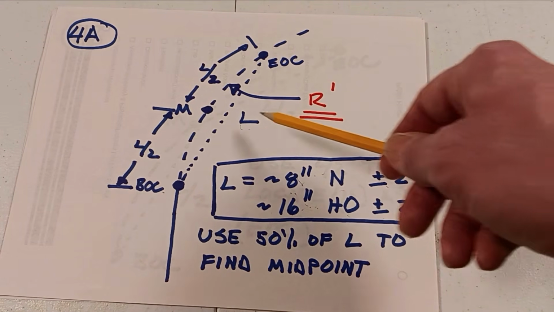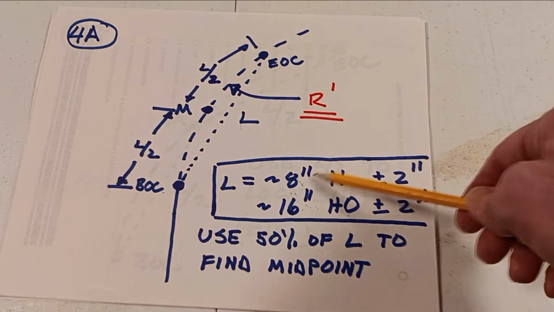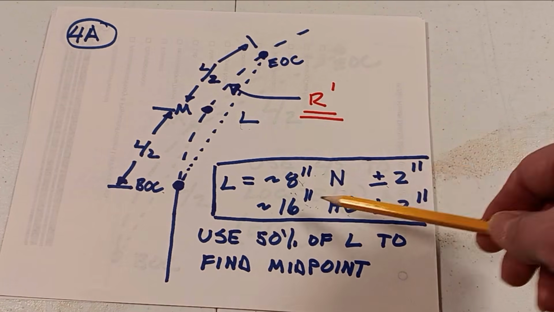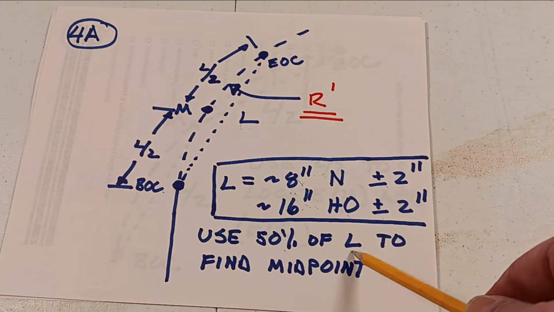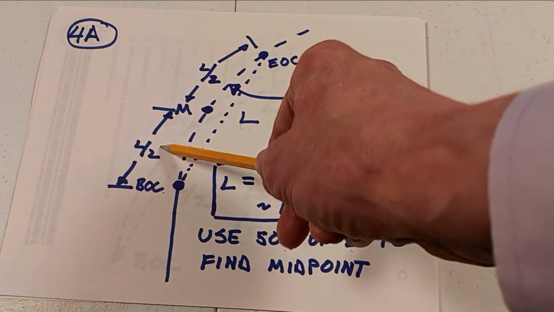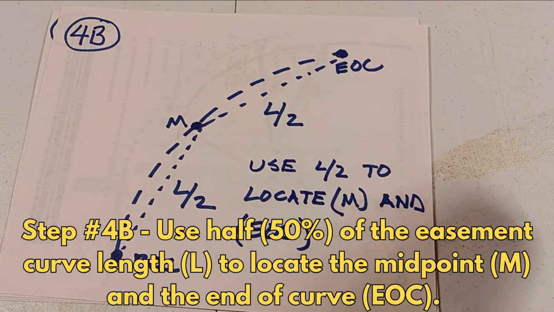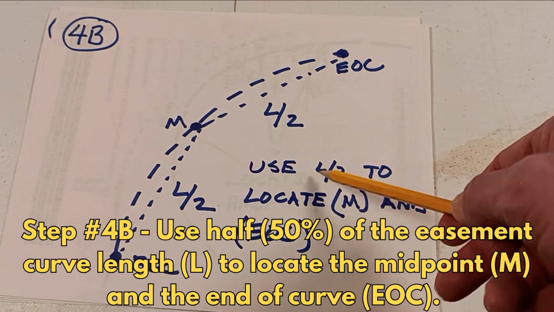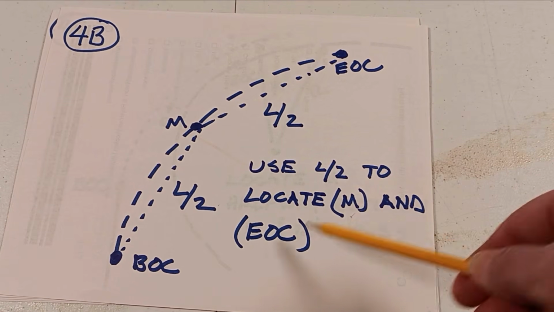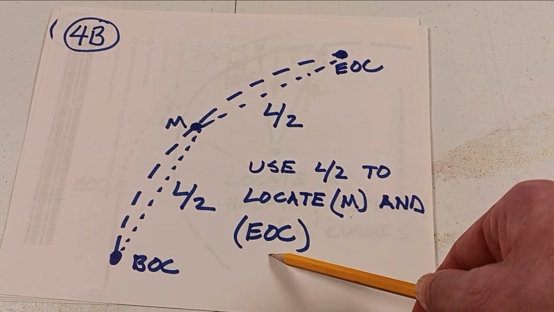Once we figure out what L you're using that can fit in your particular space, we want to use half of that distance, L over 2, to locate the midpoint and our end of curve.